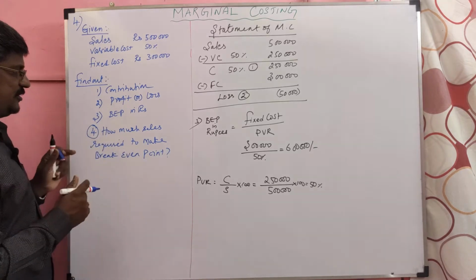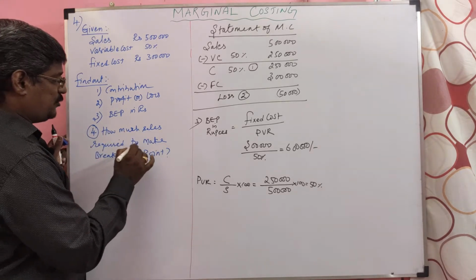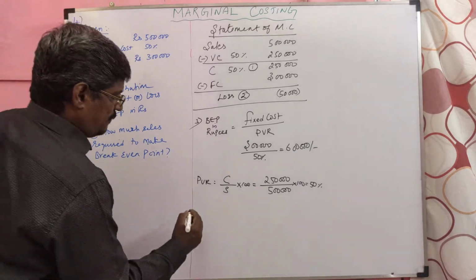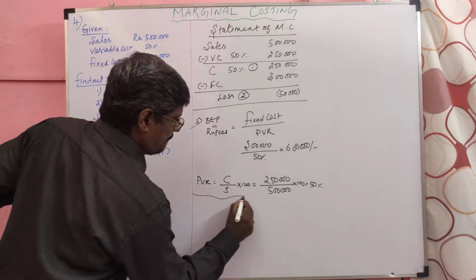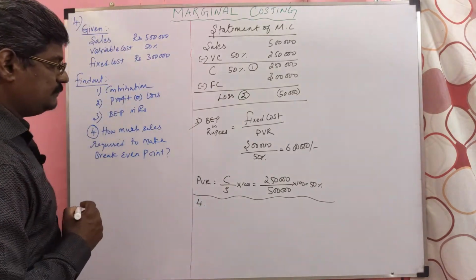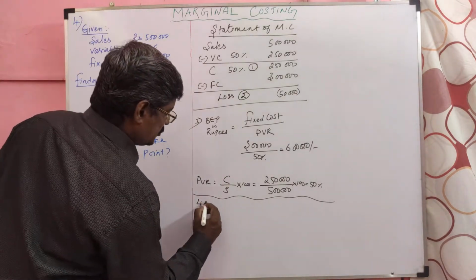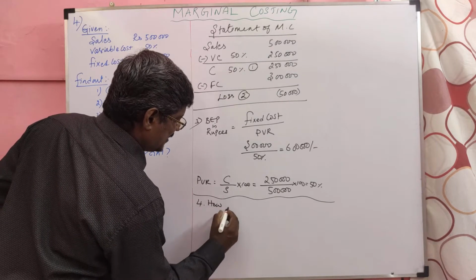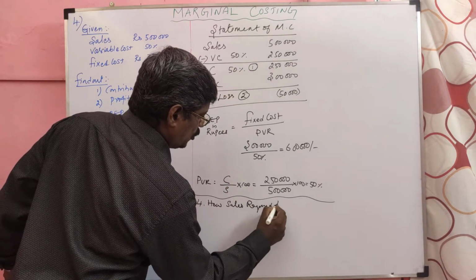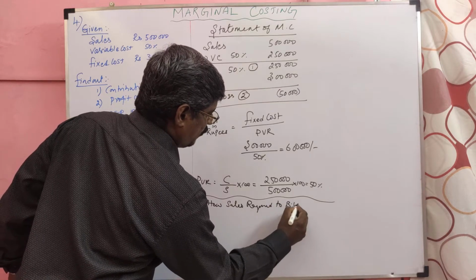This is a very important question. How much sales required to make break-even? This is a new question. Question number 4. So, how much sales required to reach the break-even point?